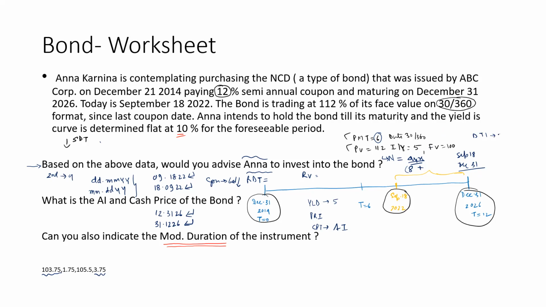Depending upon your calculator format, input the value. Press the down key, you will come to DT2. Input the value. Mine is a US format, so I'm using US format.